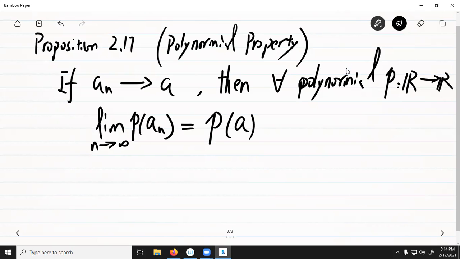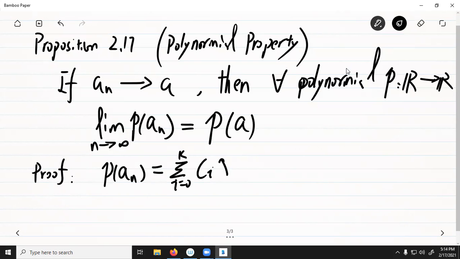Okay, so the proof is still quite easy and straightforward. Let's look at the quick proof. What is p(a_n)? It is the sum i from 0 to k of c_i a_n to the i-th power.